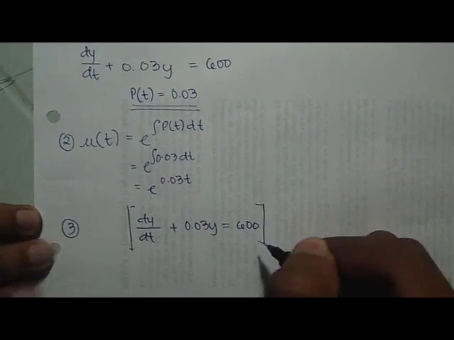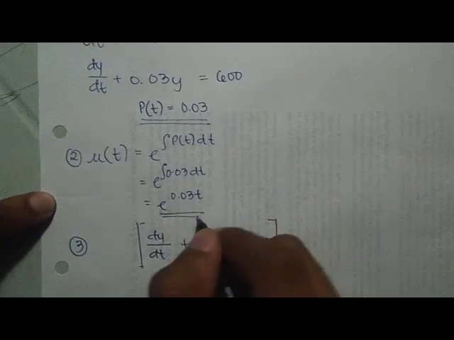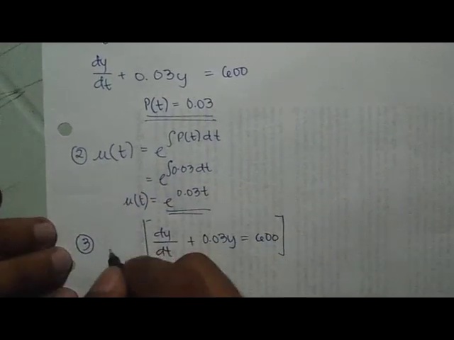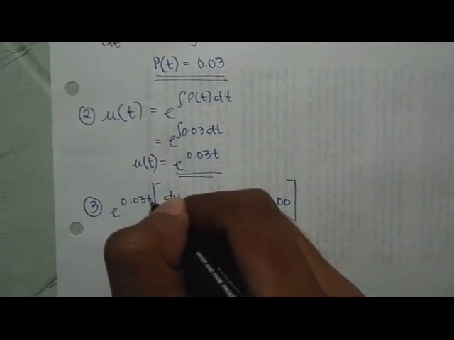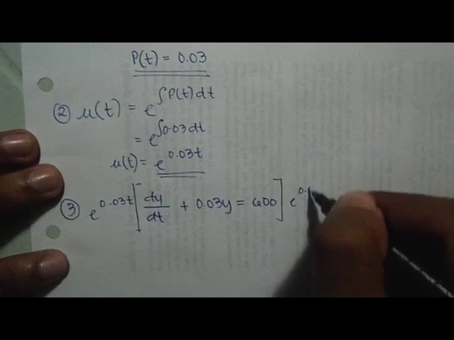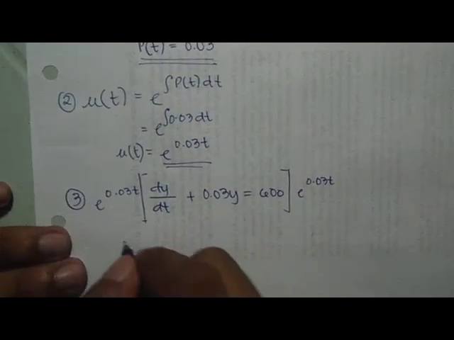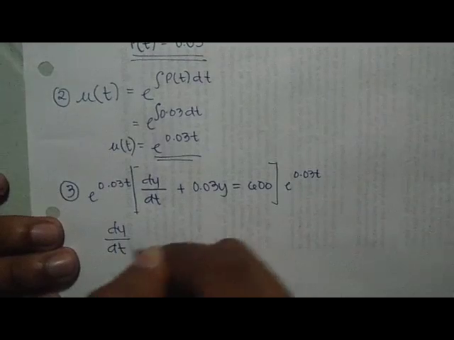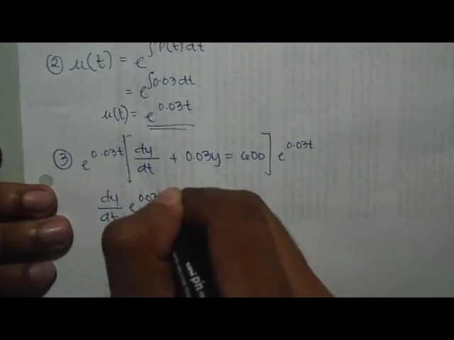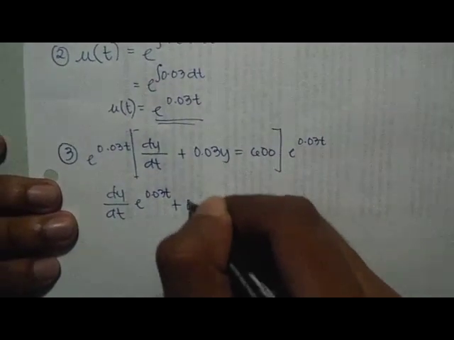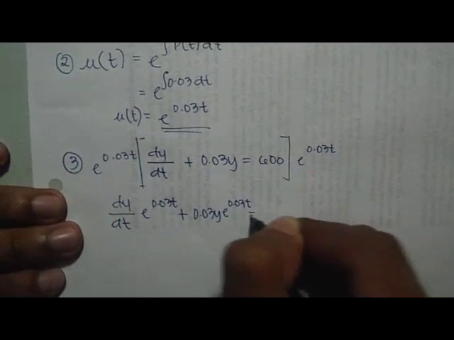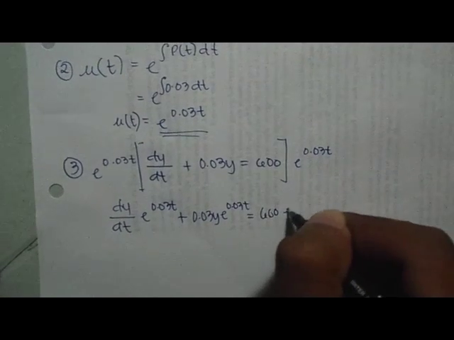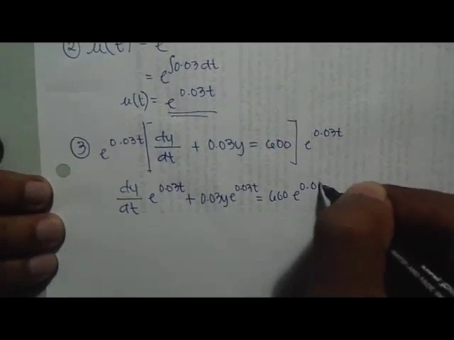So now we need to multiply both sides with the integrating factor, e raised to 0.03t. So we have dy over dt times e raised to 0.03t plus 0.03y times e to 0.03t, which is equal to 600 times e raised to 0.03t.